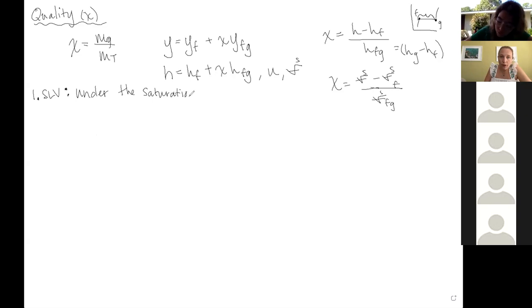Under the saturation curve, which should make sense if you've been doing your readings, we have these curves where the critical point's at the top, and everything under that saturation curve is characterized by this saturated liquid vapor region. Typically, there's an element of quality. And this is often used as a point of comparison.